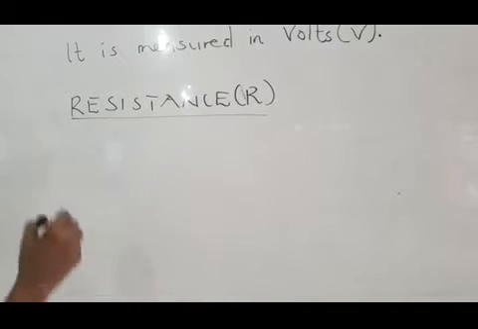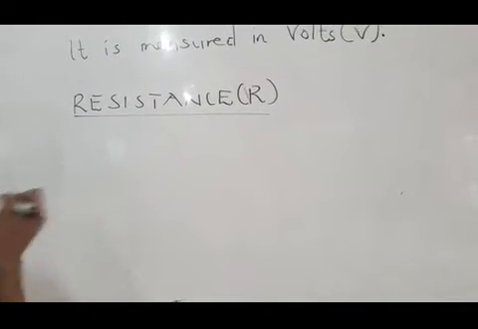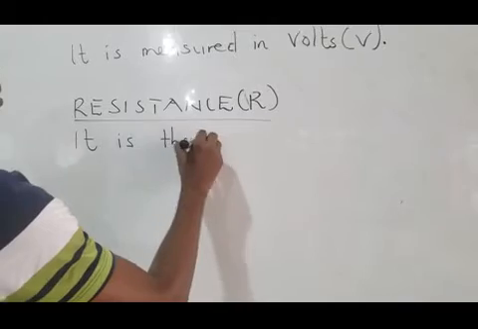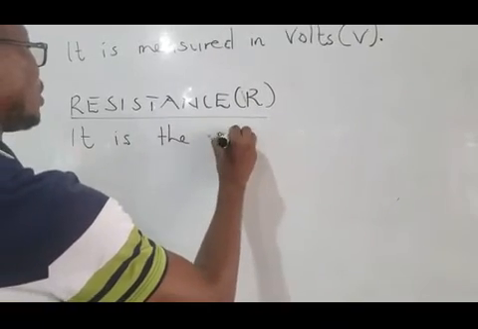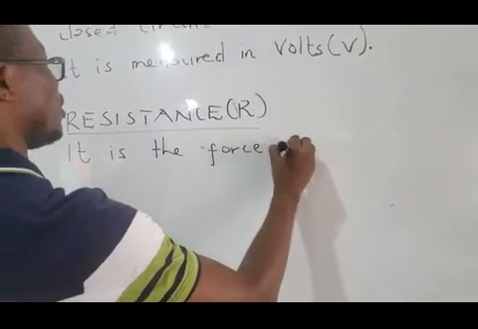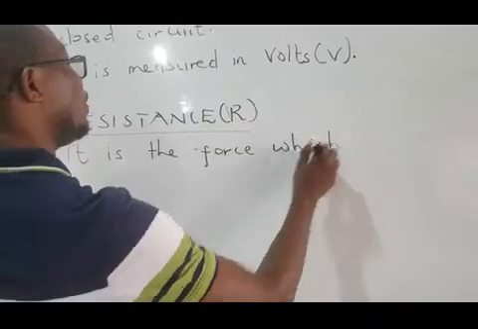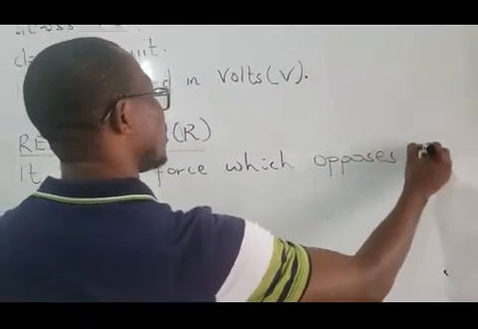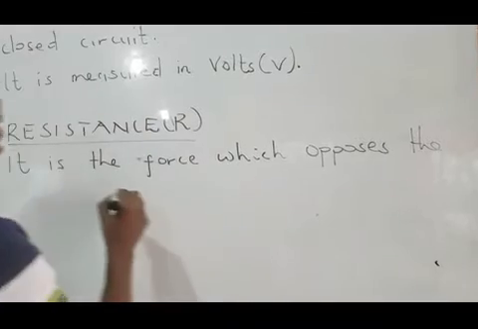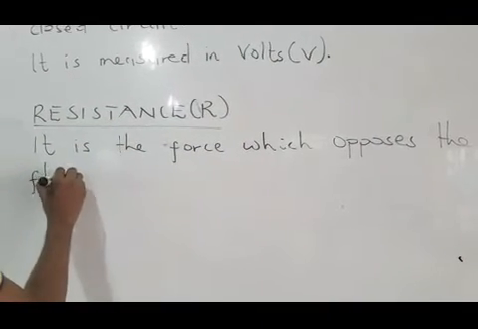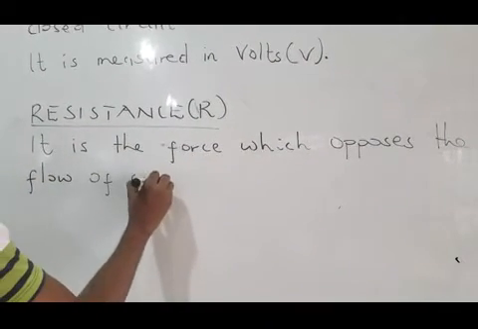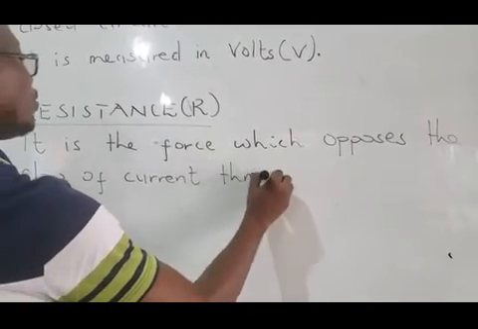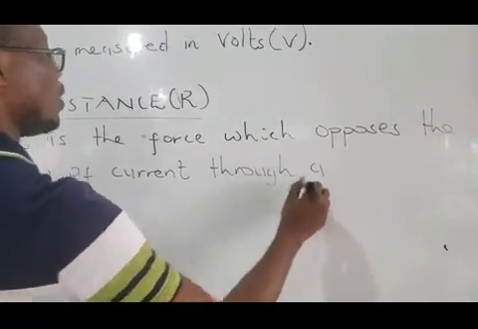Okay, so resistance is the force which opposes the flow of current through a circuit.